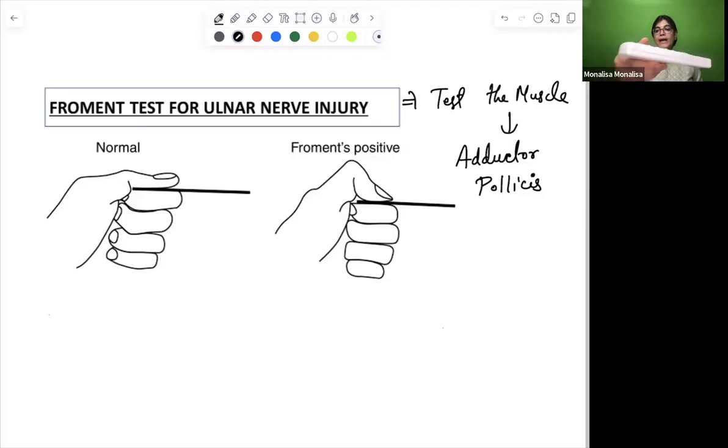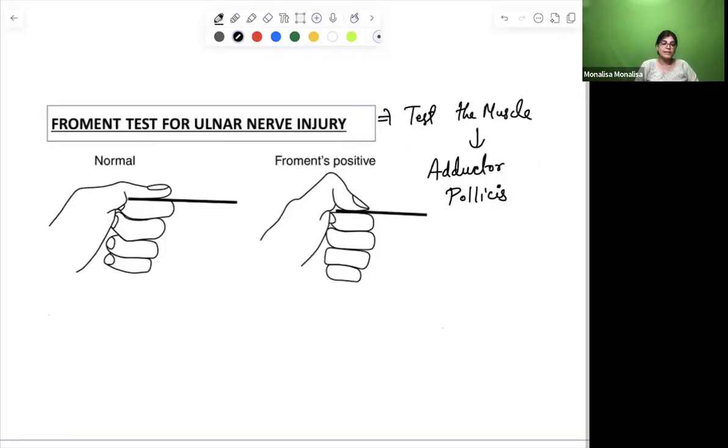But adductor pollicis is paralyzed because the ulnar nerve is injured. So the structure will be held by flexing the thumb, and flexion of the thumb is done by which muscle? Flexor pollicis longus. So Froment's test is positive in ulnar nerve injury, and the muscle tested is the adductor pollicis muscle.